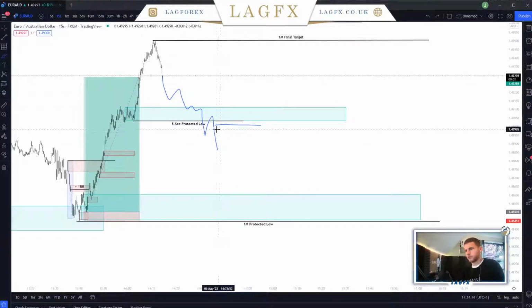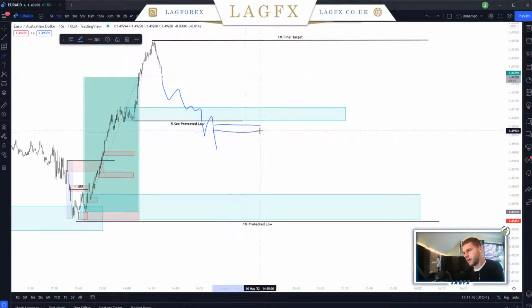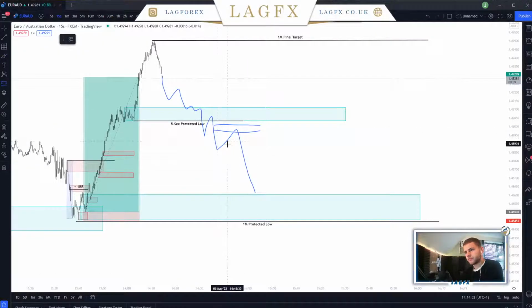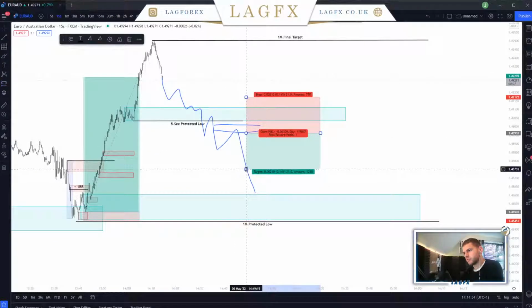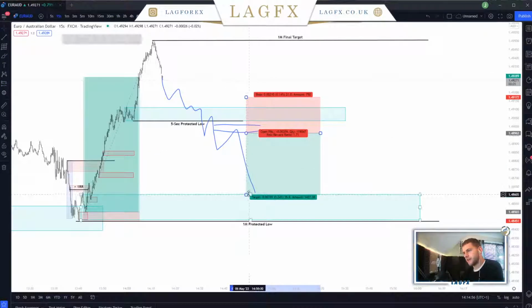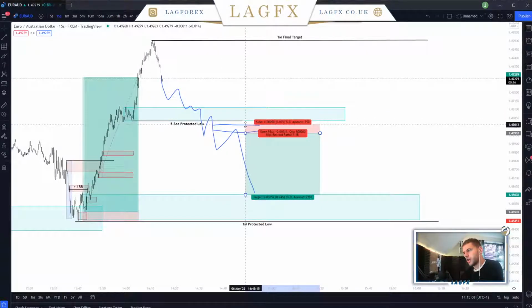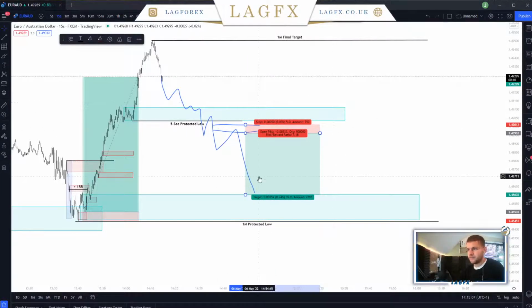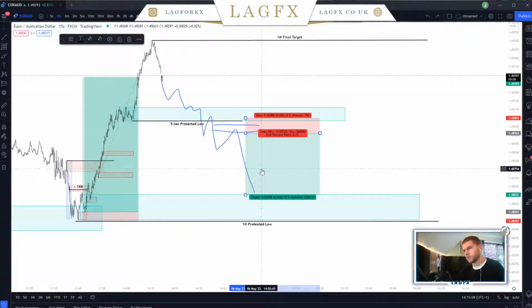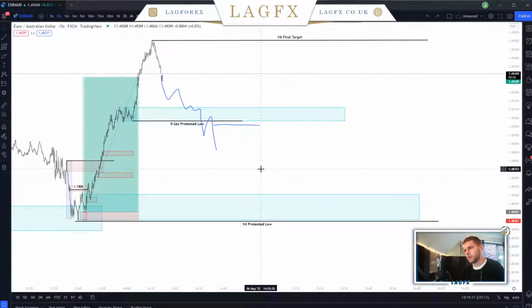That line was not straight. My mouse sensitivity is so high, it's so hard to draw a straight line. We see price trade back in. We take a short position from this region down to the demand zone as our bias is for price to trade into that after breaking the 5-second protected low. And then we have our stop loss above, and then we still have a 7-to-1 RR trade, even though we're only following 5-second structure. So let me just get rid of all that.